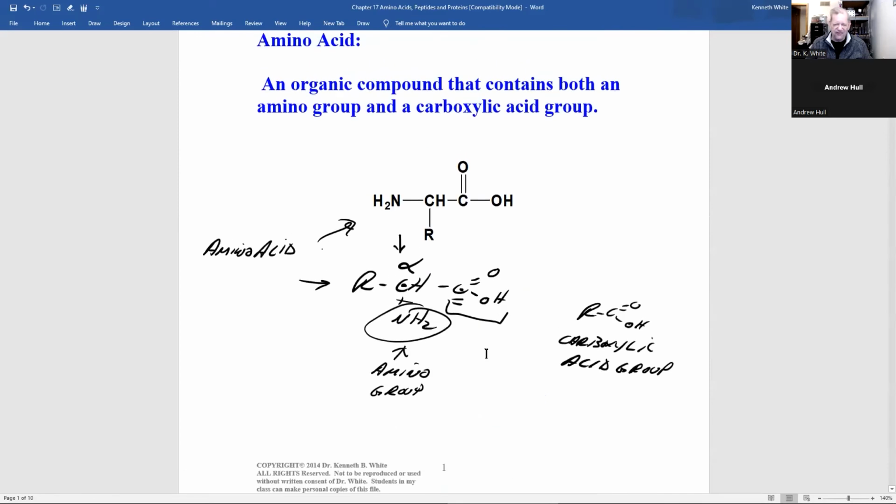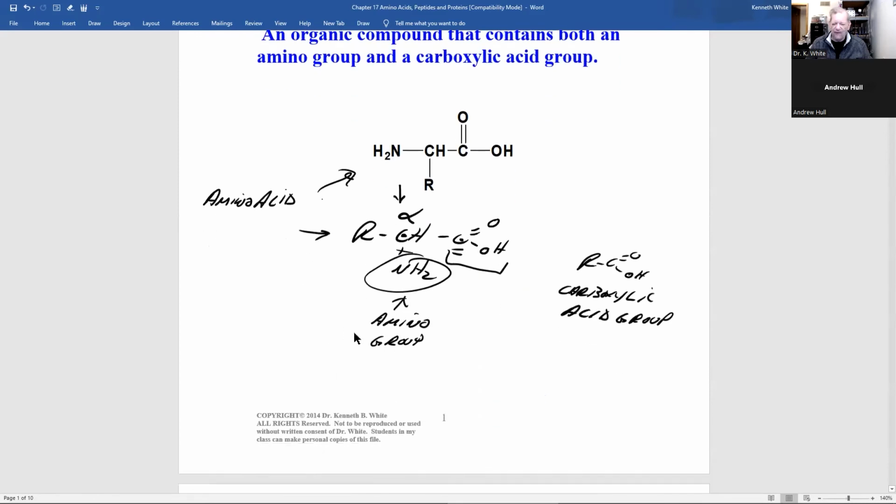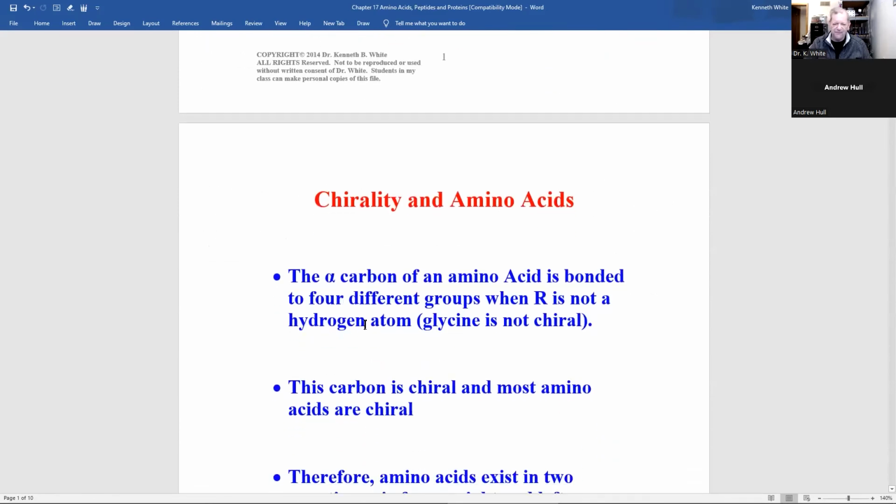So let's go through this again. I'll write it down here. When R is hydrogen, that's called glycine.